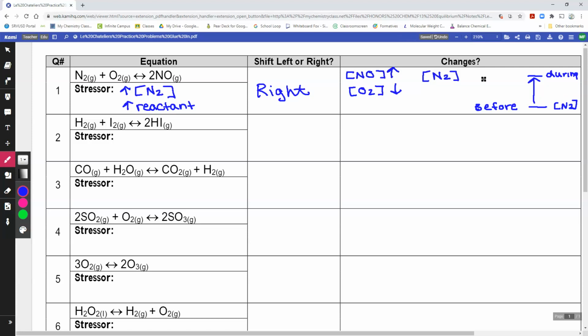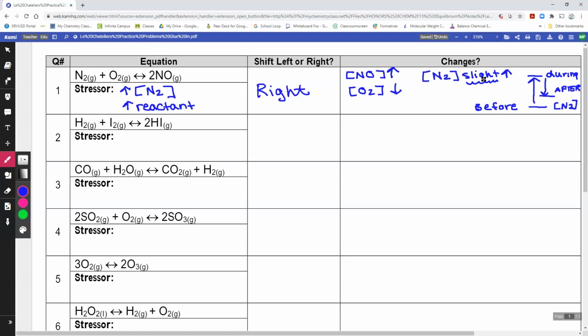The reaction is going to shift. It's going to come back down, but it can't come all the way. So this is the after. Compared to where I started, there is a slight increase. Not a ton, just a little bit. We can't get all the way back down there, but it's better than when we had messed it up.